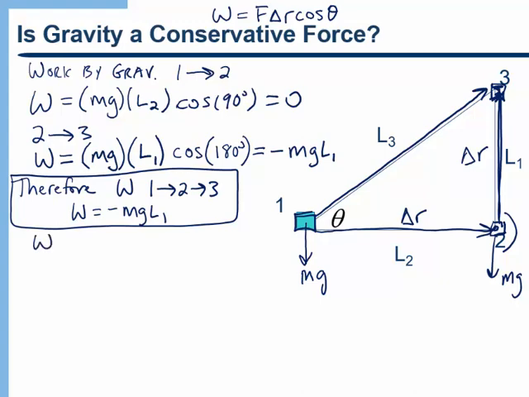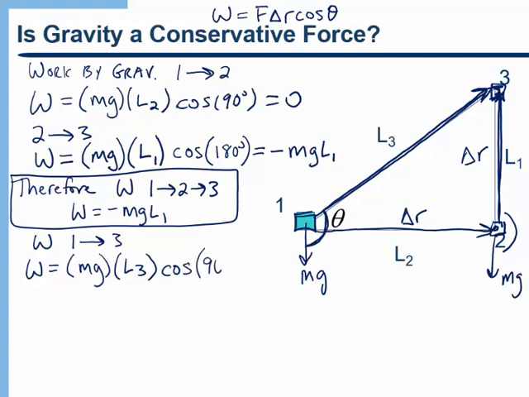So we're going to calculate the work done by gravity in going directly from position 1 to position 3. Again, we know that work is the magnitude of the force, which is mg, times the magnitude of the displacement. So here's our displacement, which has a magnitude L3, times the cosine of the angle between them. So what is the angle between our displacement and mg? You'll notice that it's this whole angle, and that would be 90 plus theta.